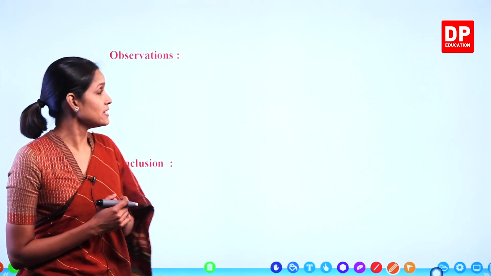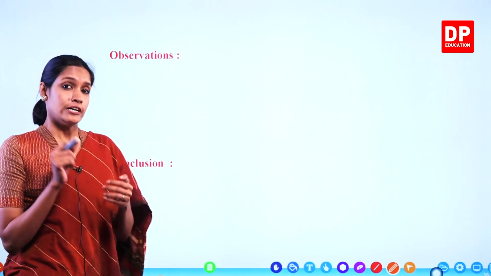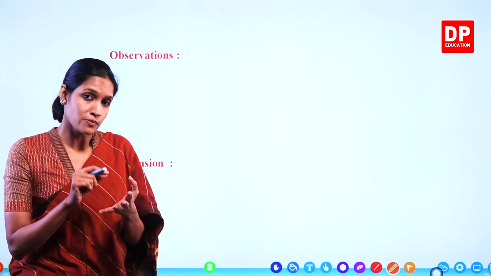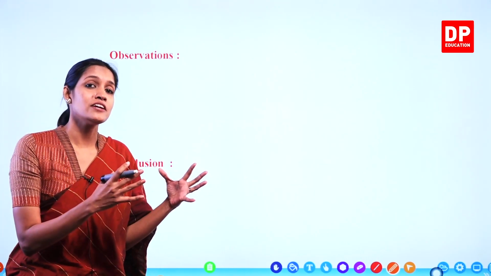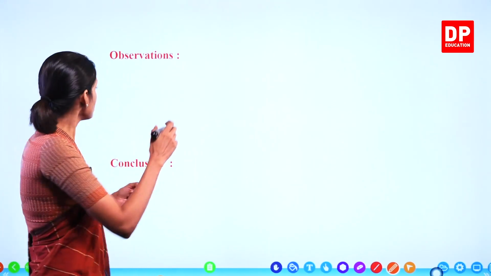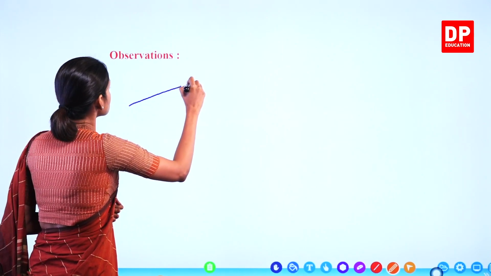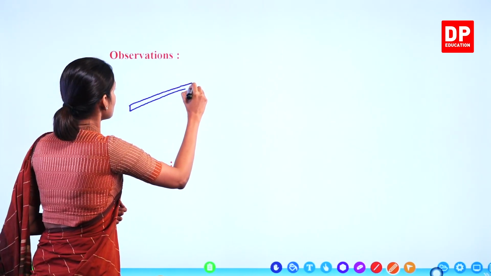It was very clear. When you make the hole in one balloon, that side goes up and the other side with air goes down. So you can show it using a diagram like this.